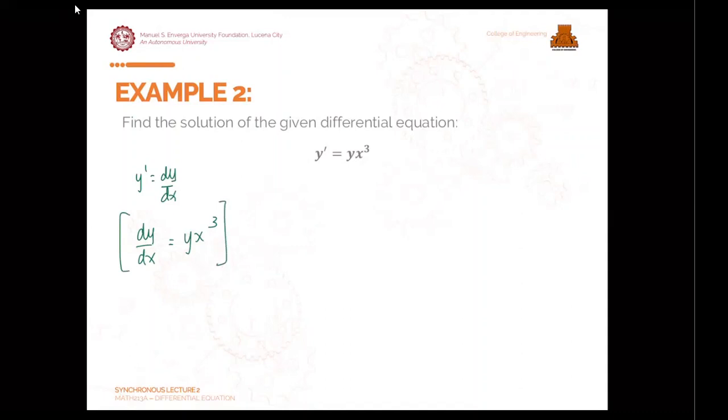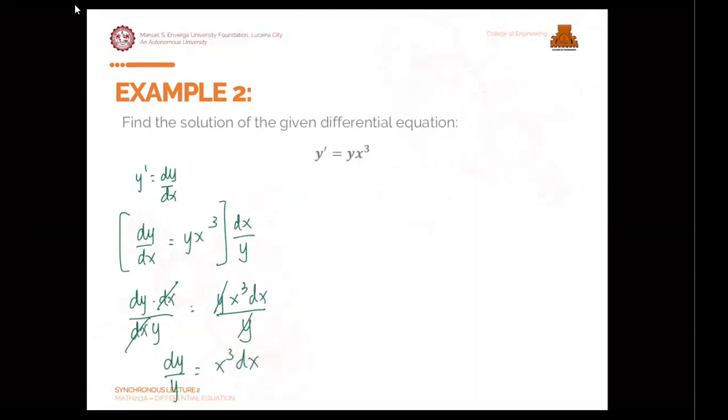So, pwede itong gawin. I-multiply ko ng dx both side of the equation. Tapos, i-divide ko by y. So, mangyayari dito, dy times dx all over y equals to x cubed dx all over y. So, cancel yung dx. Then yung y dito. So, separated na siya. It's equals to x cubed dx.